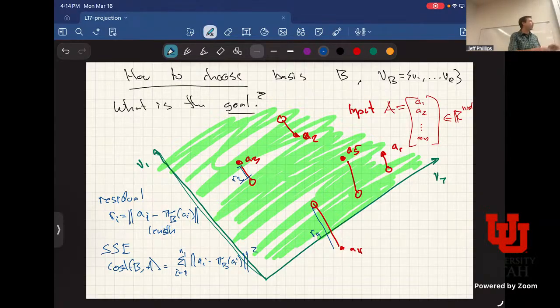So already taking the length avoids the issue of the negative. So why do you think I square them? Why did we use sum of squared errors before?